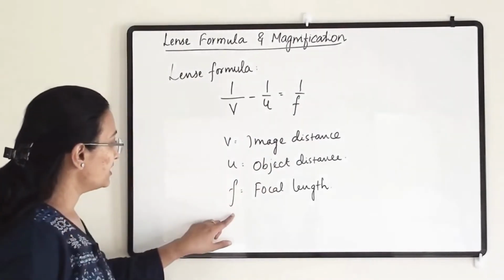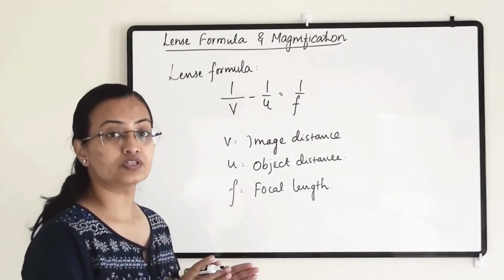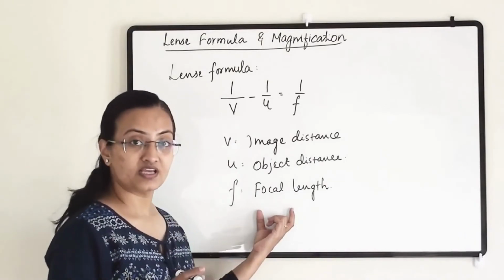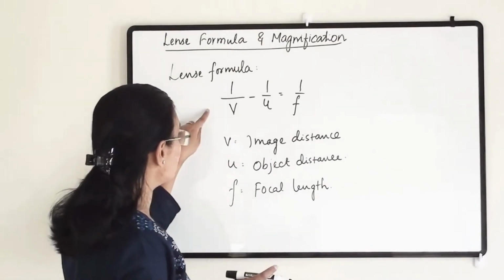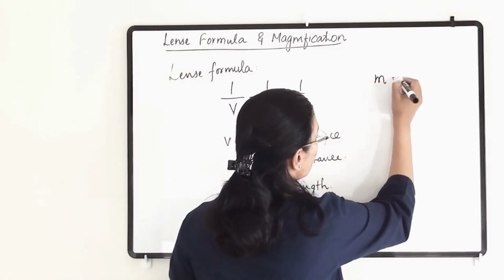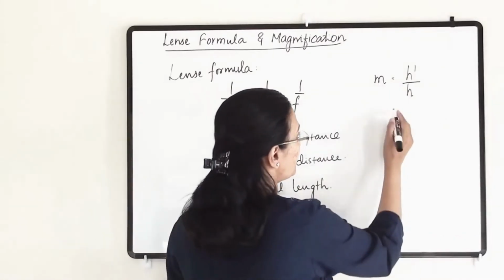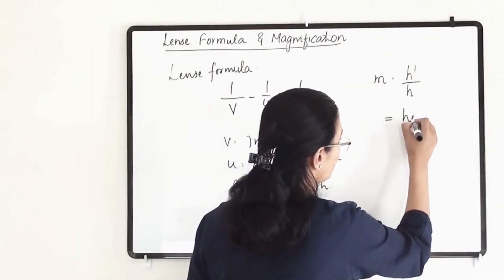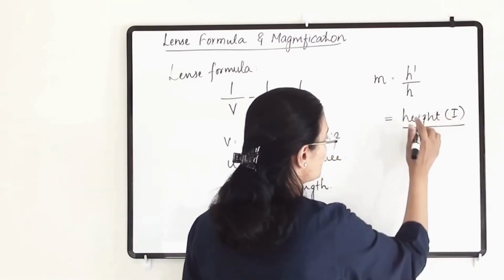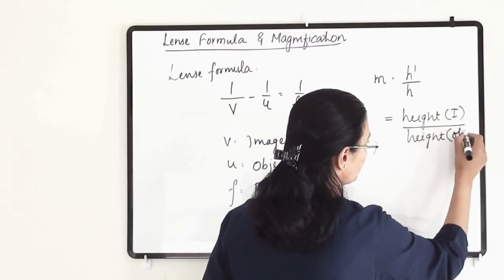So what is a focal length? Focal length is the distance from the principal focus to the optical center of the lens. So that is known as focal length. So here this is the lens formula, and for the magnification we have H dash divided by H. So H dash here is the height of the image, whereas H is the height of the object.